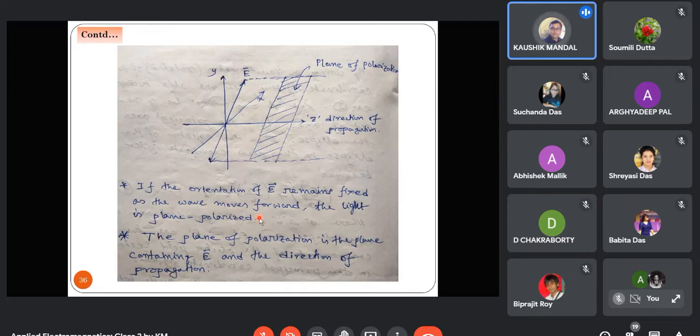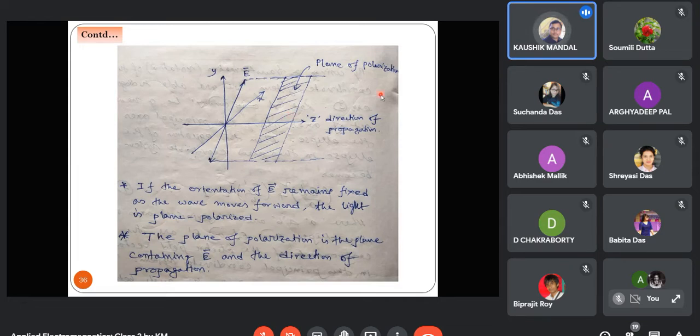That is, if the direction of the electric field vector is not changing with respect to time, you will get this type of flat plane containing the electric field vector and the direction of propagation. Then it will be called linearly polarized or plane polarized.